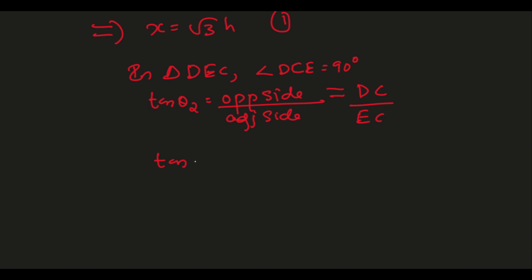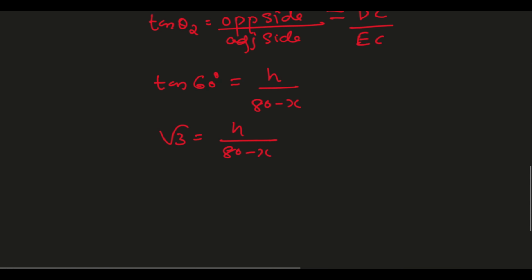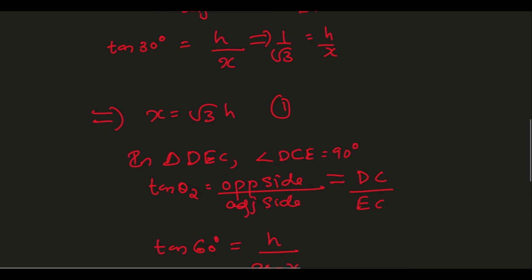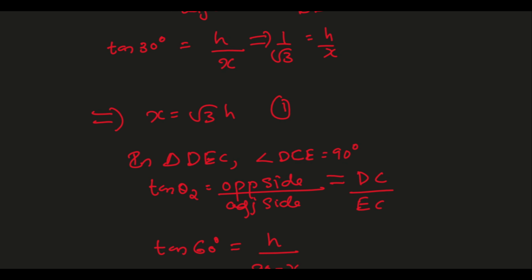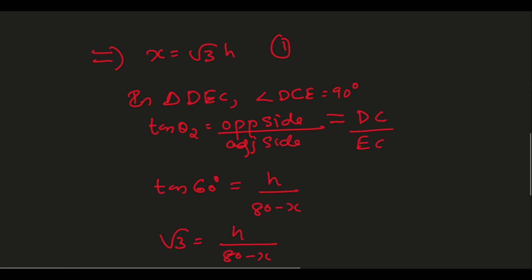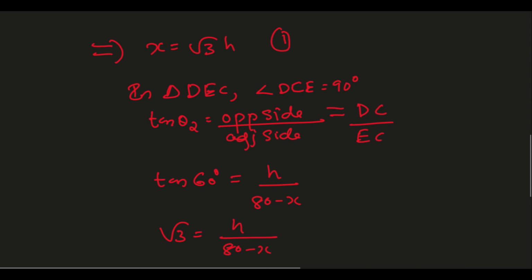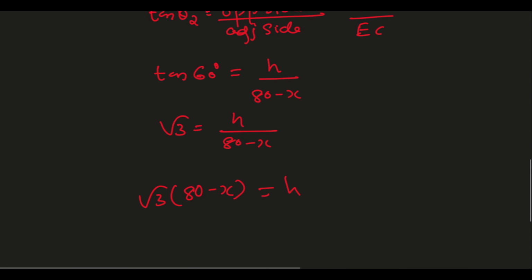Let's put the values. Tan 60 degree is equal to DC is H and EC is 80 minus x. Value of tan 60 degree is equal to root 3. Let's cross multiply. So we get root 3 into 80 minus x is equal to H. x is equal to root 3 H, so let's substitute the value of x in this equation.